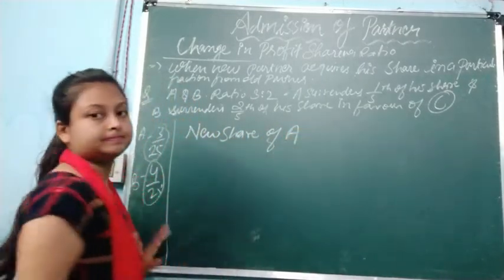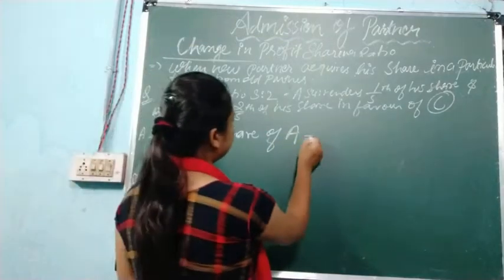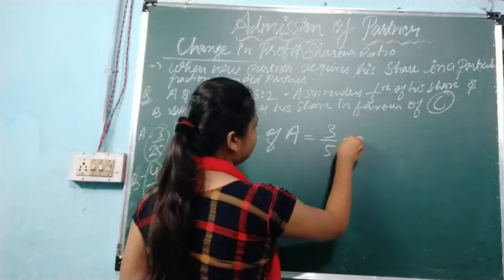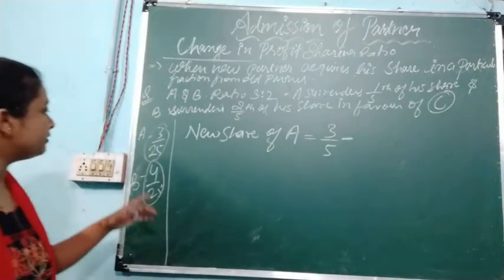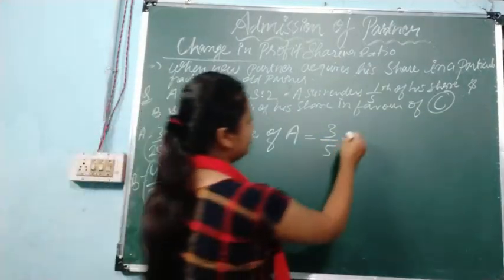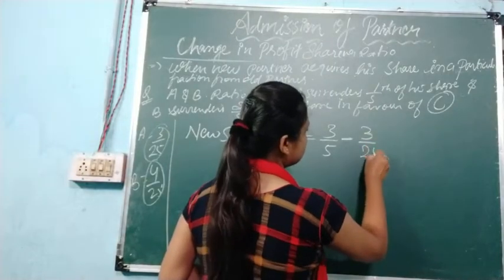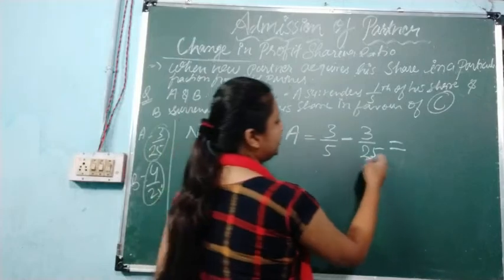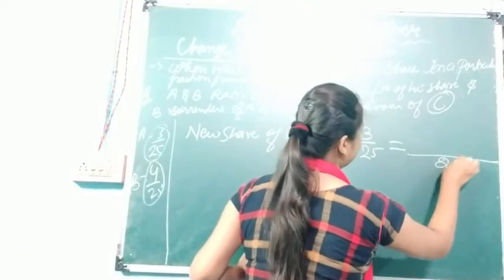of A. Already A's old share was 3/5, and out of that share he is going to give 3/25 to C. Calculate the amount. Take out the LCM of 5 and 25, it will come 25.